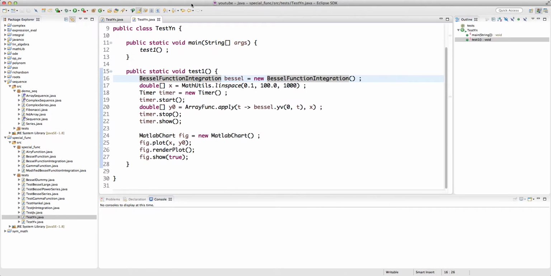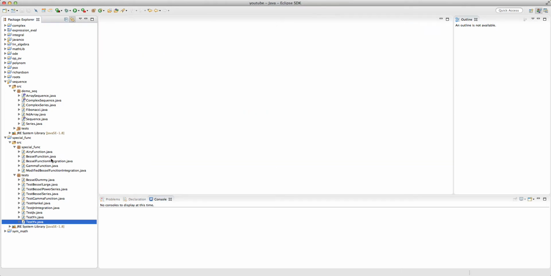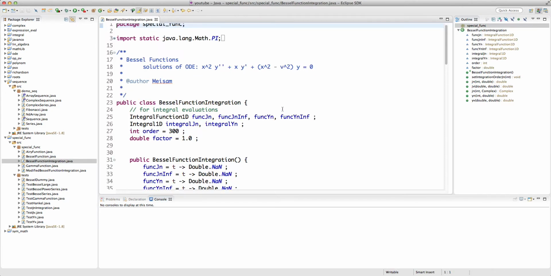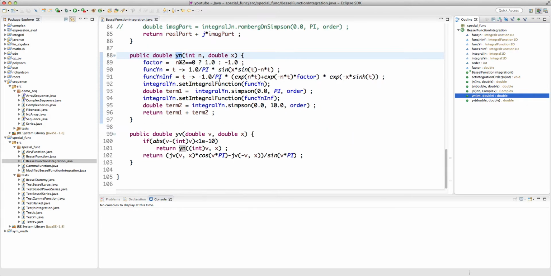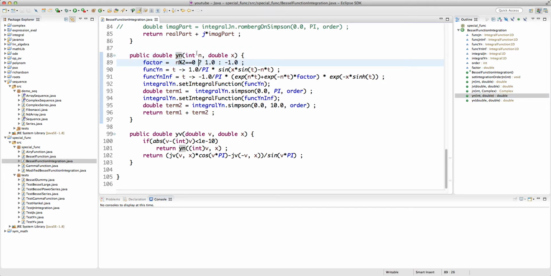So in my Bessel function integration, if you recall, we had the jn, jnu, and now we have yn and ynu. The yn only works for integer parameters, and this is basically the same code. Simpson 0 to pi for the finite integral, 0 to 10 for the infinite integral.